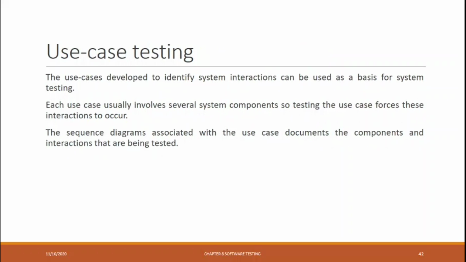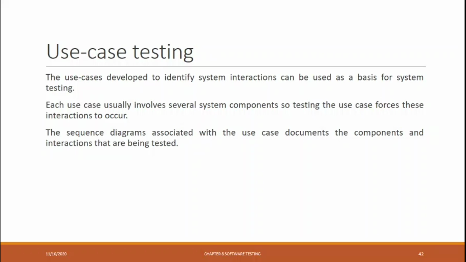Use case testing. The use cases developed to identify system interactions can be used as a basis for system testing. Each use case usually involves several system components, so testing the use case forces this interaction to occur.